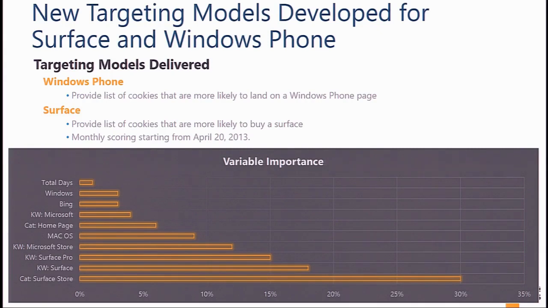The first model was for Windows Phone. And for that one, we struggled a little bit because we didn't have much data at all. In fact, there was no data at the time on actual sales transactions for Windows Phone because it was a brand new product.